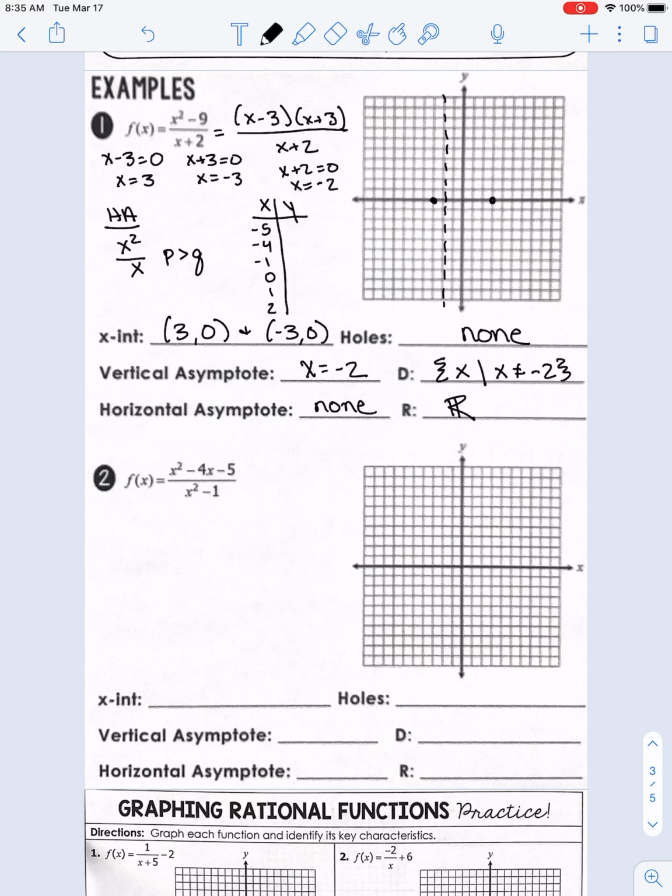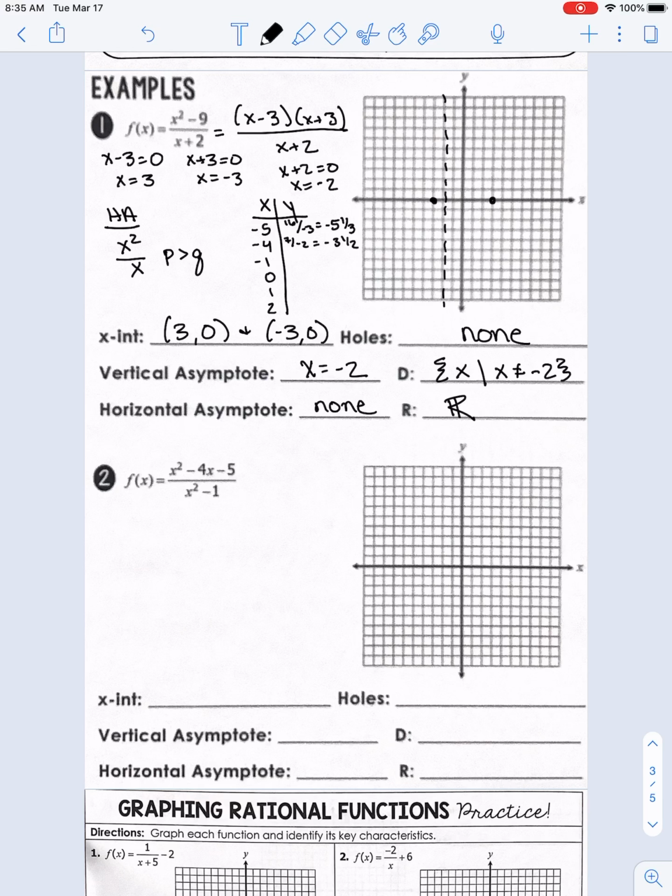So if I get a negative 5 squared, I get 25 minus 9 is 16 over negative 3. So that equals a negative 5 1/3. If I do negative 4, I get 16 minus 9 is 7 over negative 2. So that's a negative 3.5.